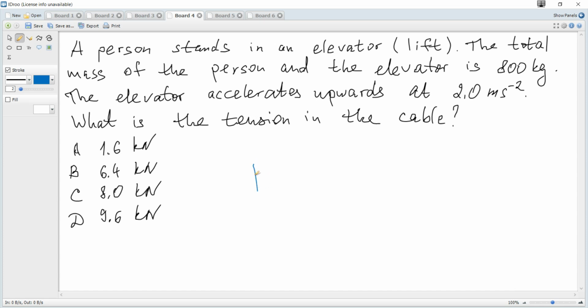So we can consider a person in the lift and the lift as one object, so that weight is 800 g and downwards, and there will be also tension upwards, and that's all.